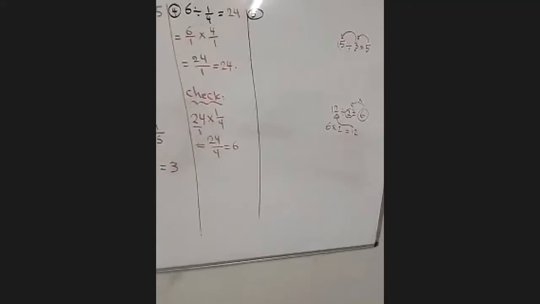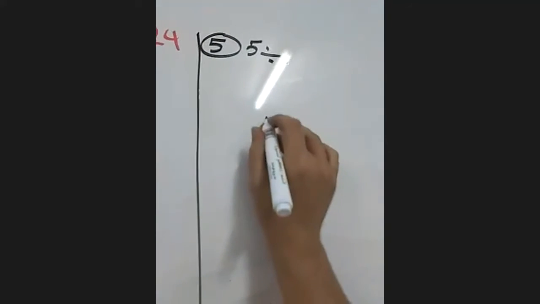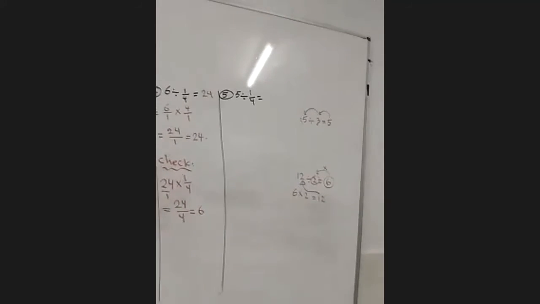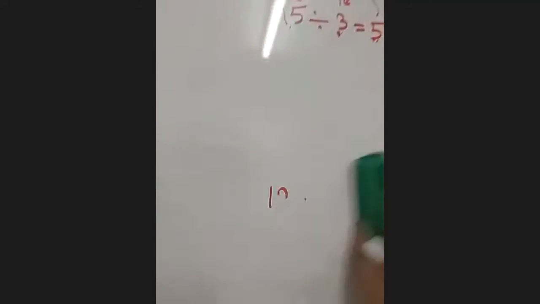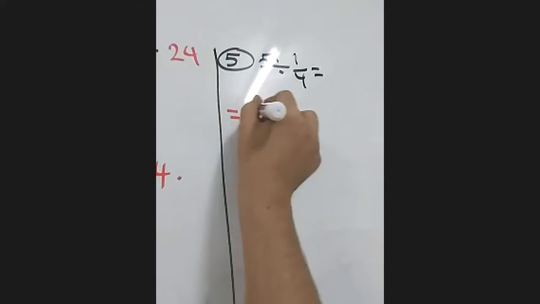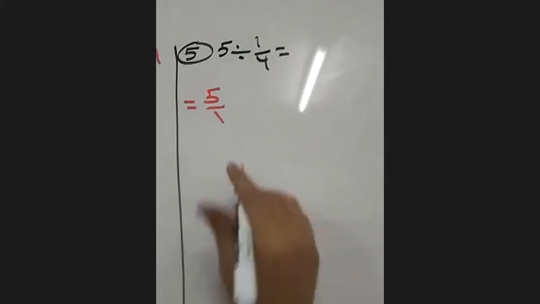Question 5 is 5 divided by 1/4. Good. What's the first step, Muhammad? The 5, we're going to make it 5/1. Good. Then the divide will make it multiply.